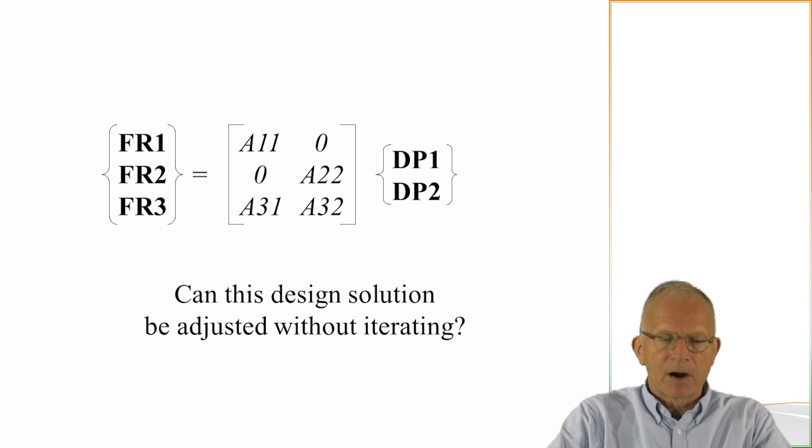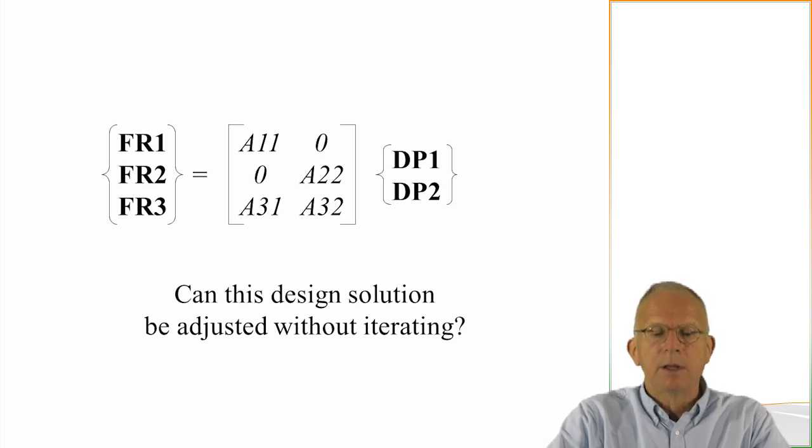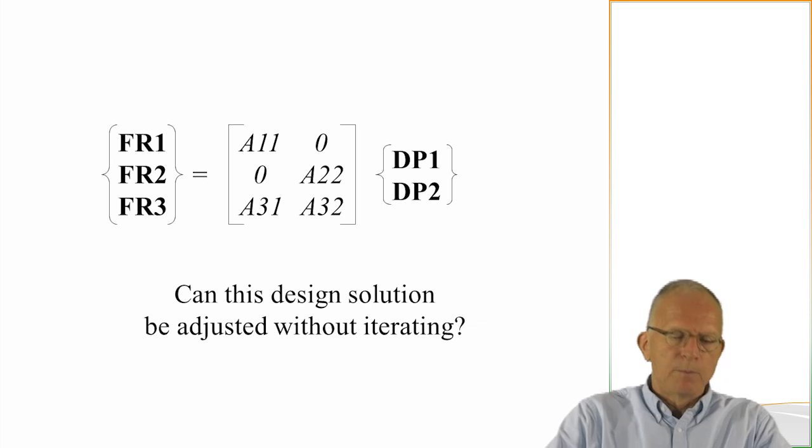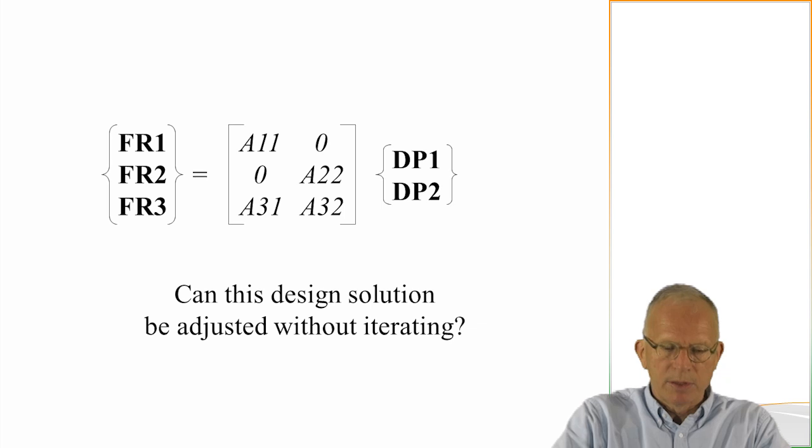So if I get FR1 in tolerance and take FR3 out of tolerance, then I don't have an adjustment on the design, because there's no way of bringing FR3 back in tolerance except with DP2, which, as we can see, also influences FR3. But then FR2 may come out of tolerance while adjusting DP2. And again, there's no guarantee that we can make these adjustments and that the solution will actually converge, even with iterating.